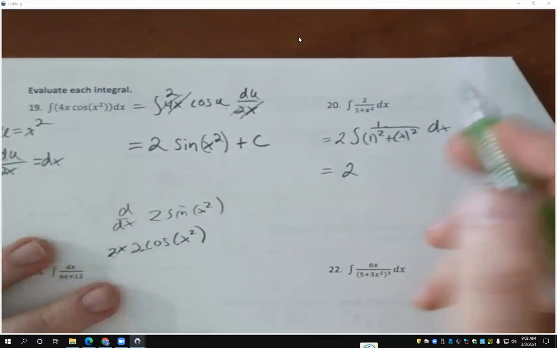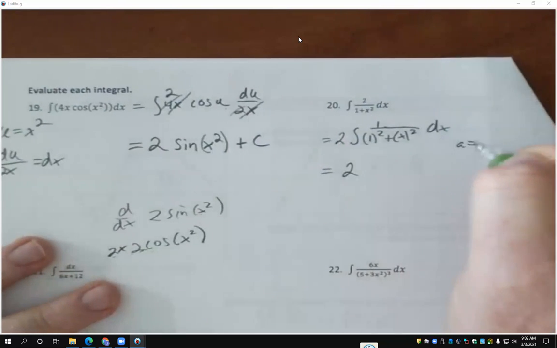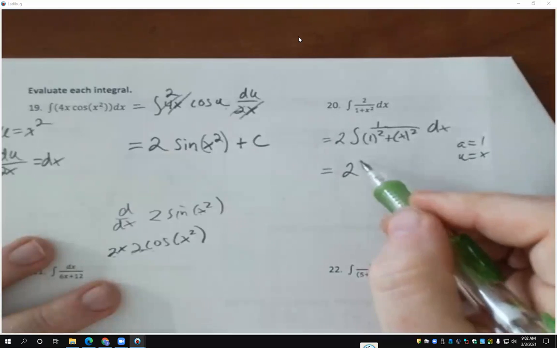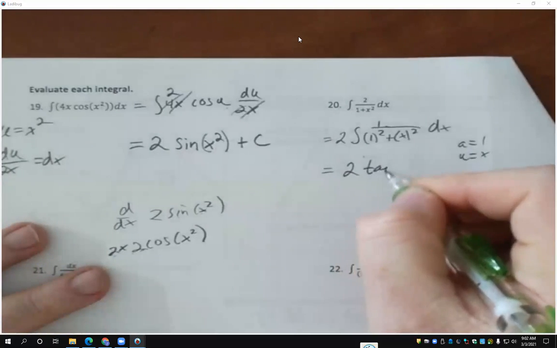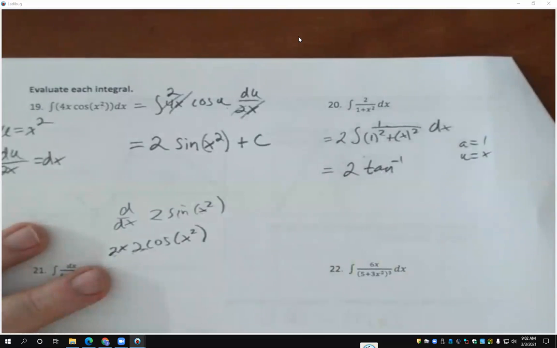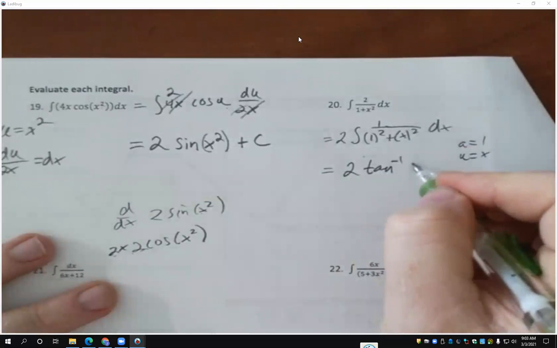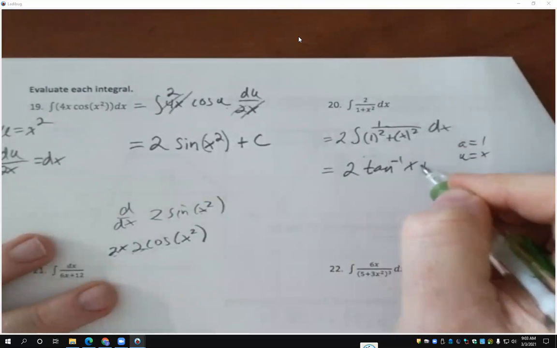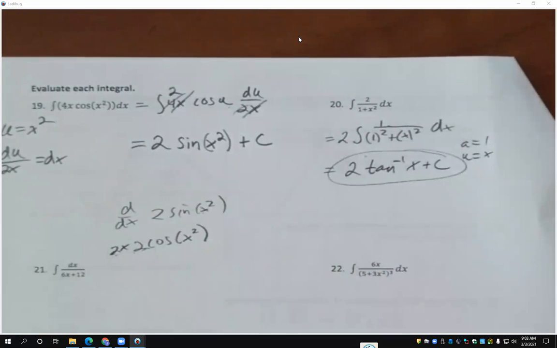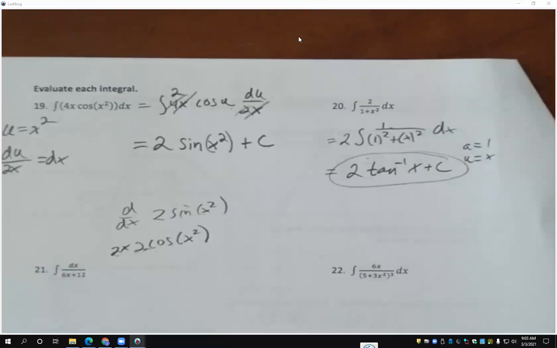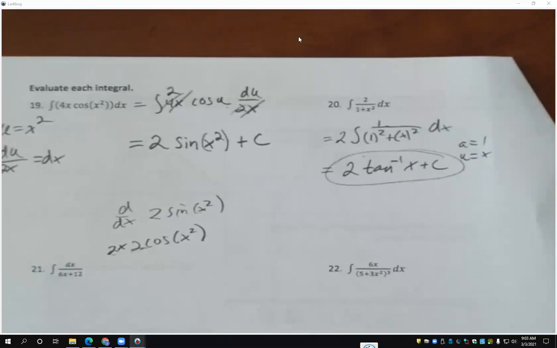And inverse tan is 1 over a. A is, so in this problem, a is 1 and u is x. So it's 1 over a, which is just 1 over 1. So I'm not going to write that. Arc tan or inverse tan, whichever one you prefer to write. And then it's x over a, or u over a. So it's x over a, and a is 1, so it's x, and then just your plus c. All right, any others?